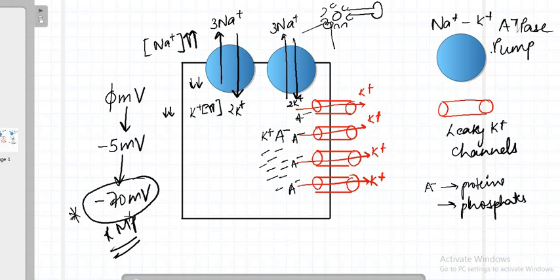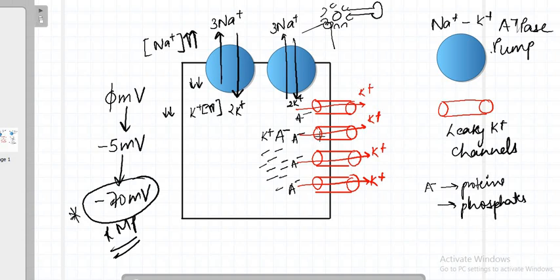Now there are sodium leaky channels also present on the cell membrane, but since neurons are more permeable to potassium ions, there won't be that significant an effect of sodium leaky channels.